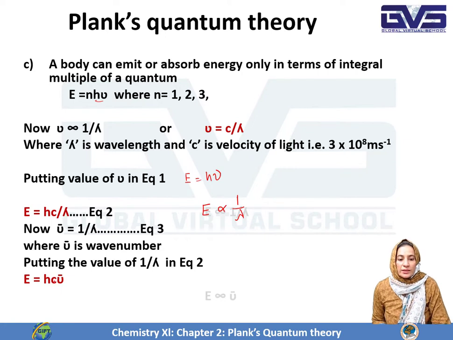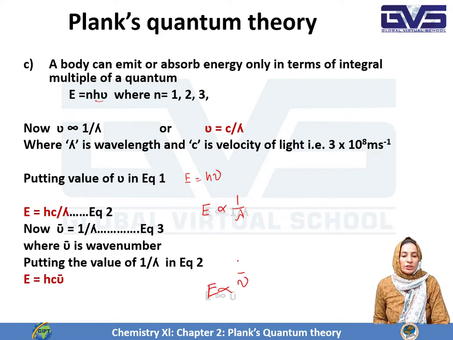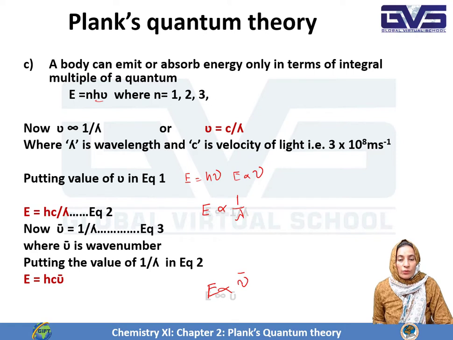So here is another relation of energy with nu bar, that is the wave number. Energy is directly proportional to nu bar. So we have three types of relations: energy directly proportional to frequency, energy inversely proportional to wavelength, and energy directly proportional to wave number.